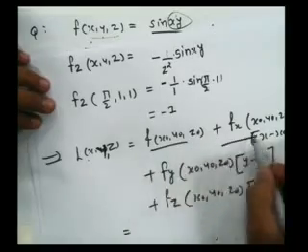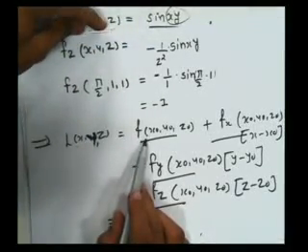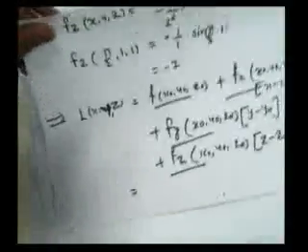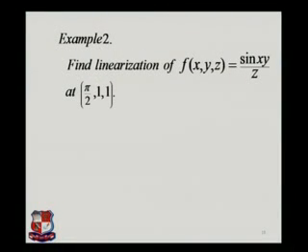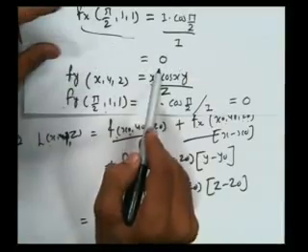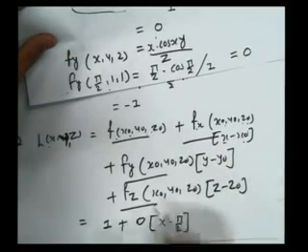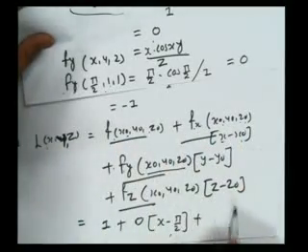All the things we have are present now. You see here f(x0, y0, z0) is 1, plus fx at (x0, y0, z0), which is 0, so this term is 0 · (x − π/2). Then fy at (x0, y0, z0) is 0, so this term is 0.